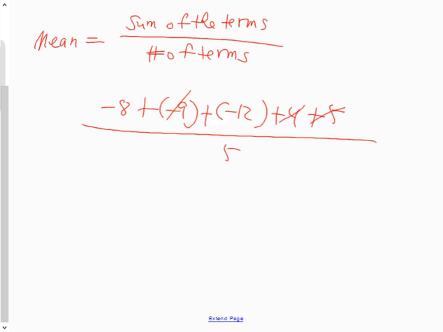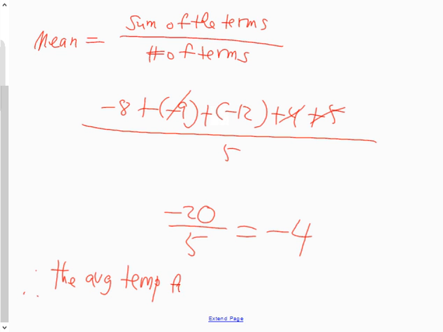So then all I have to do is add negative 8 and negative 12 to get negative 20 divided by 5, which gives me negative 4. Okay. Then your statement would say, therefore, the average temperature for the week was negative 4 degrees Celsius.